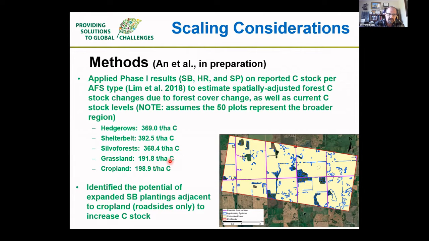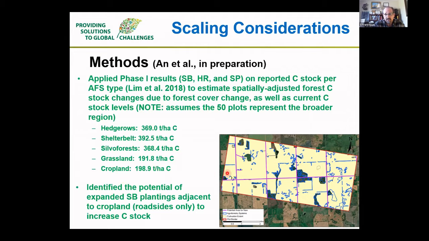That's in comparison to the grassland and cropland. And it's largely because of that added biomass carbon that's in roots and the stems and so on in these multi-tiered layers above ground.